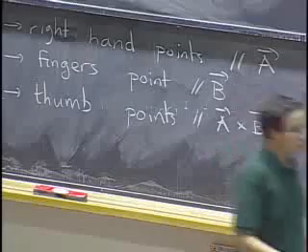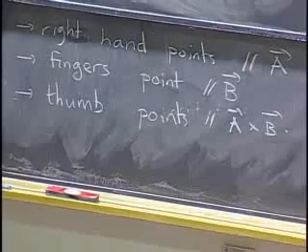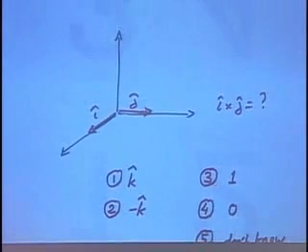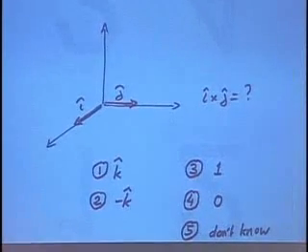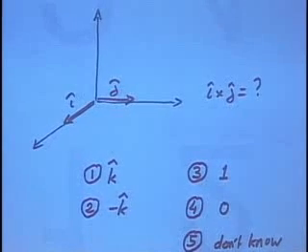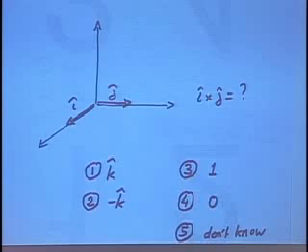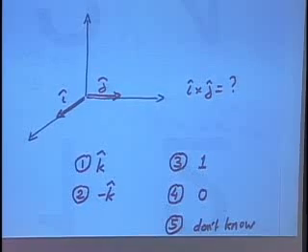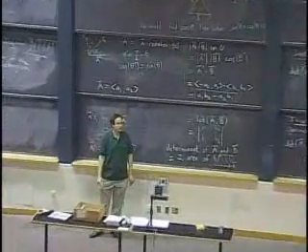Okay? Let's do a quick example. Let's take I cross J. I see some of you, well, most of you have it going in the right direction.